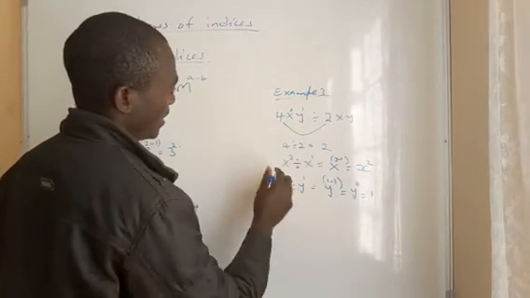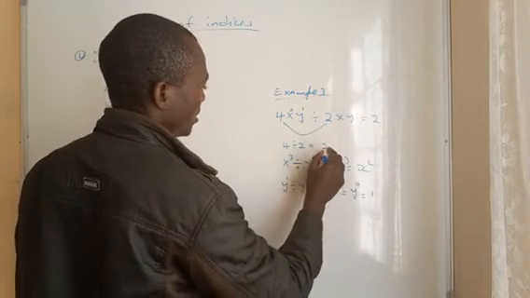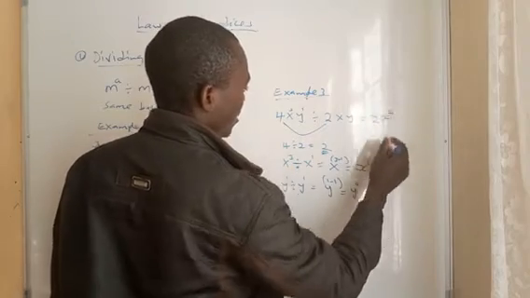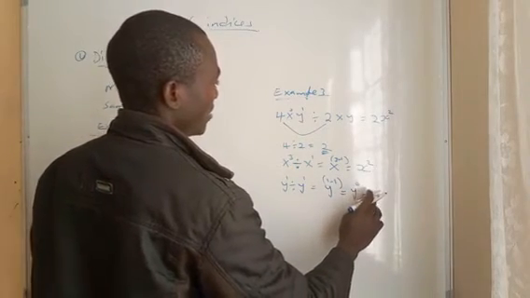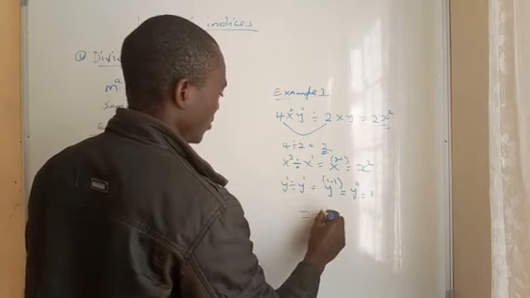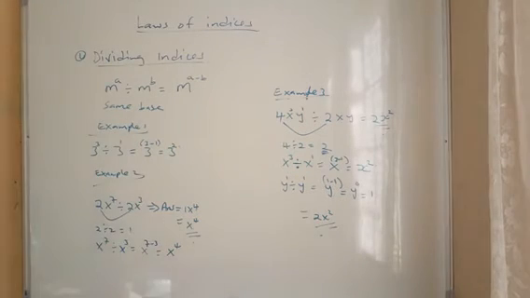So finally, the answer to this question becomes 2x squared times 1, which is simply 2x squared. That is the division law of indices.